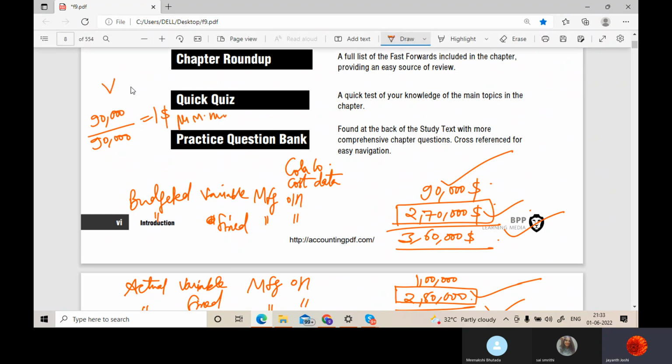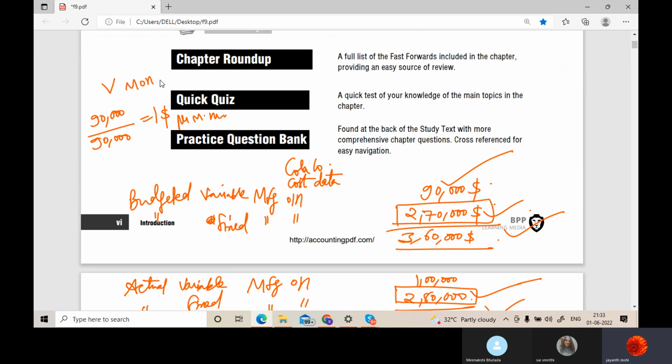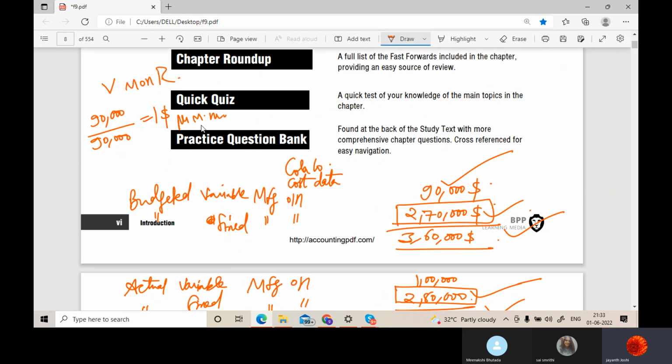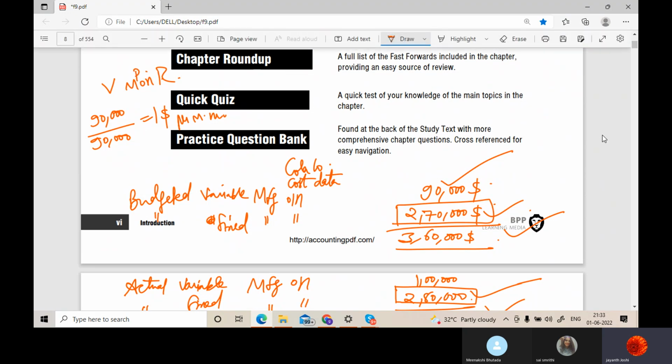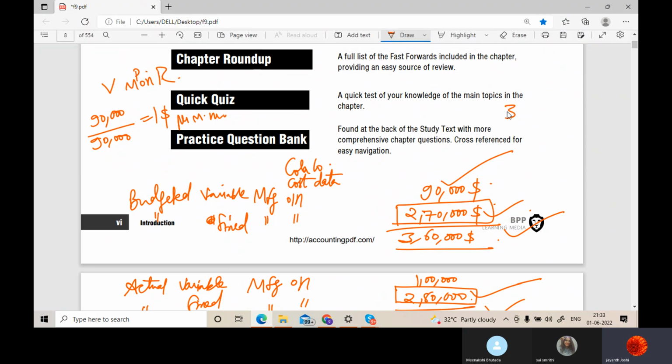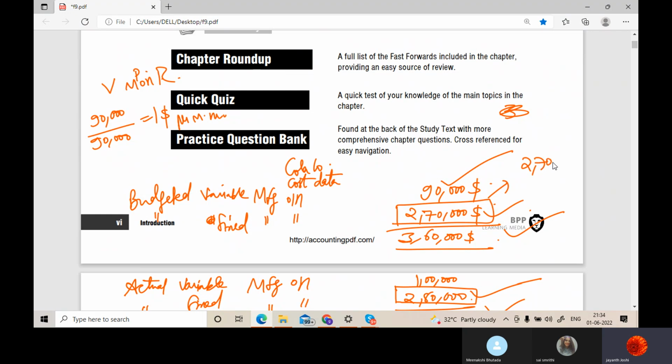This is variable manufacturing predetermined overhead rate. Now I want fixed. So fixed element is 2,70,000 in the question given, correct? 2,70,000. So I'll take this 2,70,000 divided by 90,000 budget hours. So how much I'll get? $3. So this is fixed predetermined overhead rate. Okay. Just make a note of this.